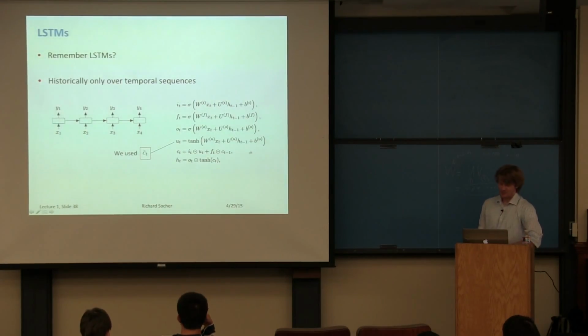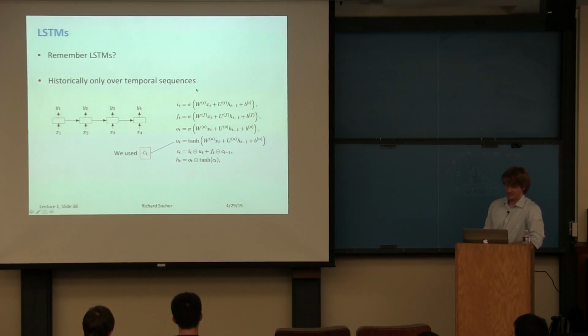And these were the equations of the LSTM. We had our input gates, our forget gates. Those were just standard neural networks with a sigma nonlinearity between 0 and 1. We had our output gate, and then these are the new equations that were used in this paper. I'll mention in the next slide, but basically instead of the C tilde that we used last week, they just use U, but everything else is the same.